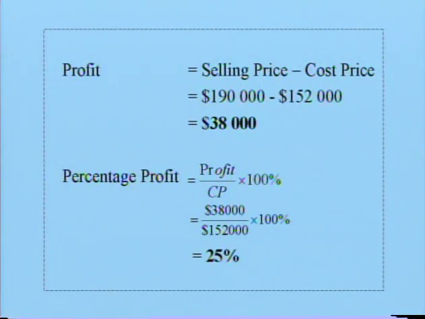Profit is equal to selling price minus cost price, which is equal to 1,900 minus 1,520, which will give us 380. Percentage profit is equal to profit divided by cost price times 100, which will be 380 divided by 1,520 times 100, and that will work out to be 25%.